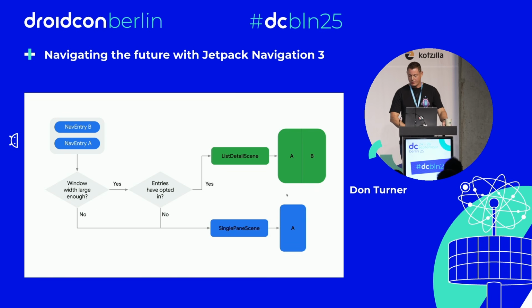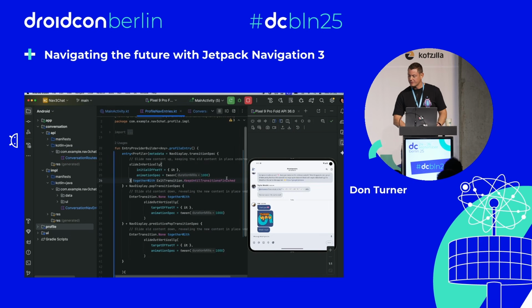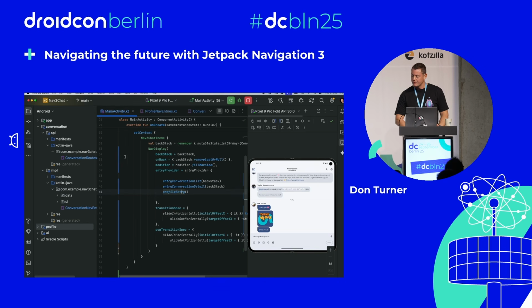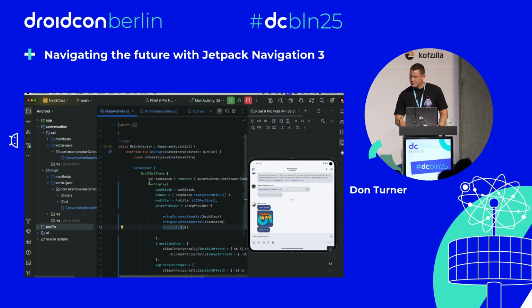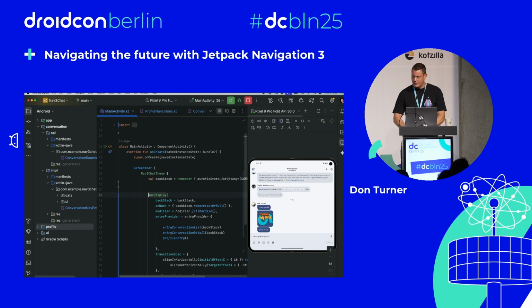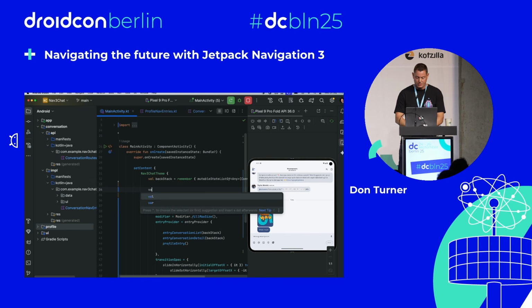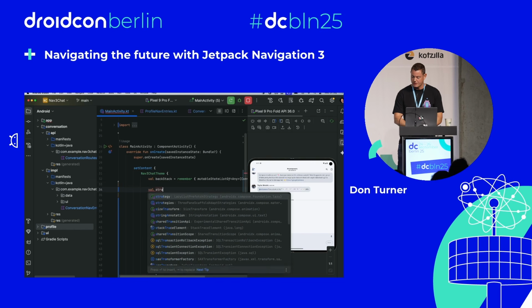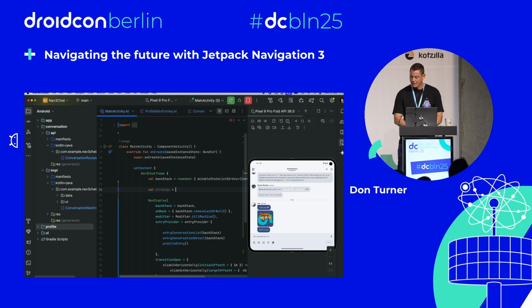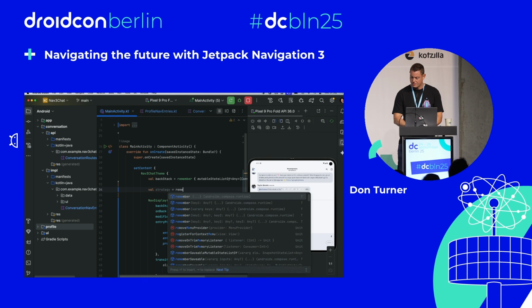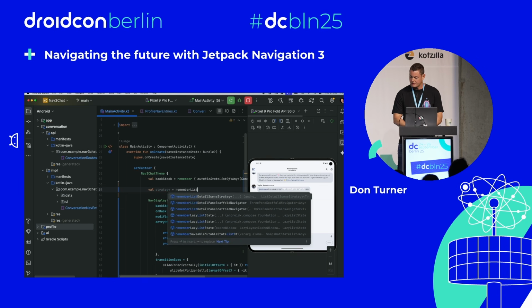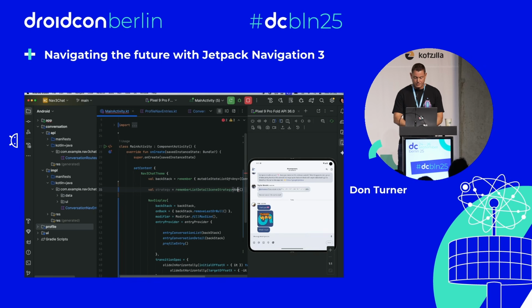So let's have a quick look at this in practice. I realize we're running short on time, but it should be pretty quick. OK, so all we need to do is define the strategy. So let's do strategy. And we just use, remember, list detail scene strategy. So give it the type from our backstack.